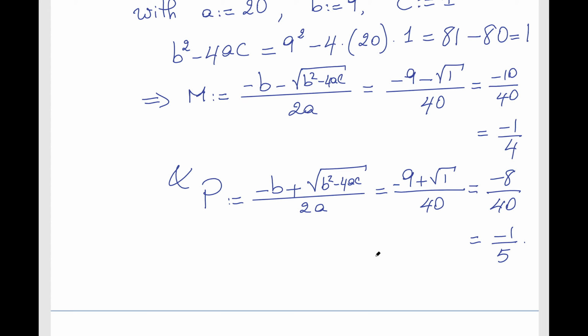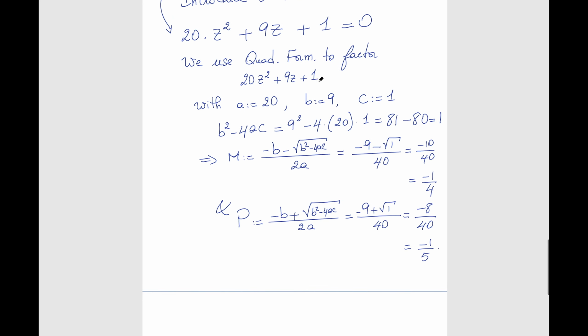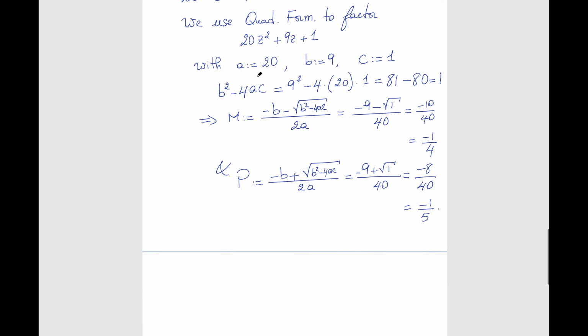So what can we infer up to this point? We can factor 20. So the quadratic formula tells us that the 20z squared plus 9z plus 1 factors as a, which is 20, times x minus m, who's m?